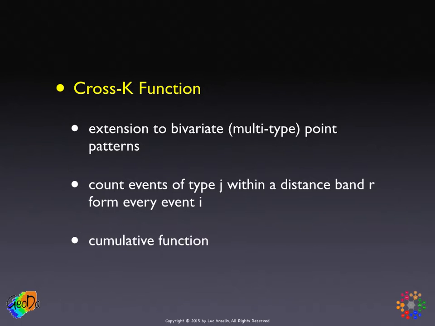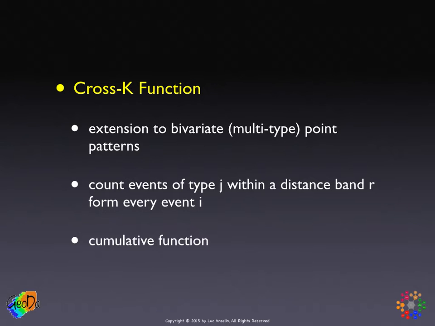And it's the same idea. So we again center a circle of radius r on each event and count the number of events within that circle. But now the event that we center on is of one type, and the events that we count are of the other type. So that's why it's called a cross K function.